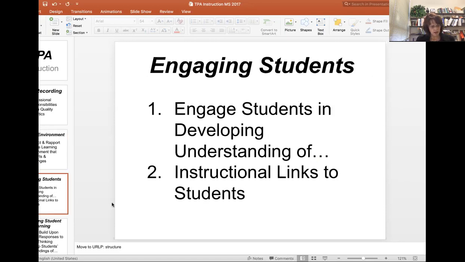So the second prompt is about engaging students in learning, and you want to make sure to revisit what engagement means. Engagement versus participation. We're going to talk a little bit about that in seminar the next time we meet. So think about what engaging students means.